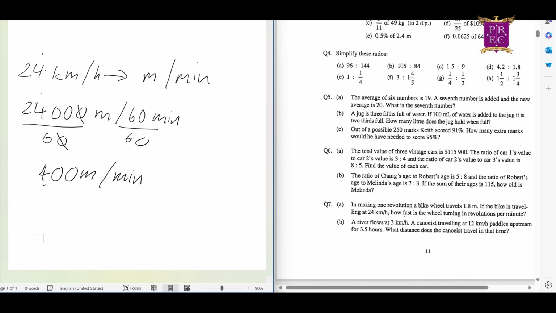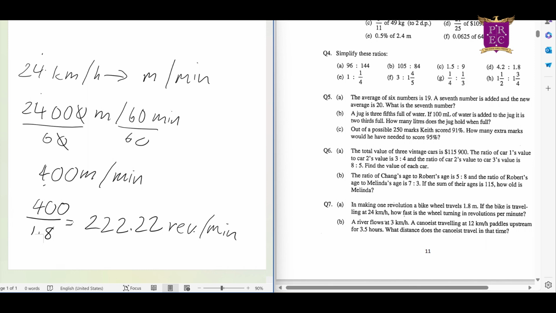So how fast is the wheel turning per minute? We know that 400 divided by 1.8 would give us the revolutions per minute. Okay, so what's 400 divided by 1.8? 222.22. We'll just do 2 decimal places, which gives us 222.22 revolutions per minute. Okay, that's it.